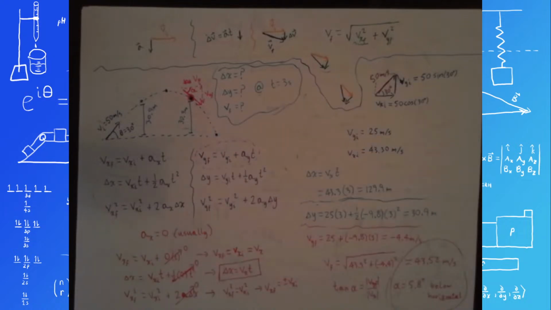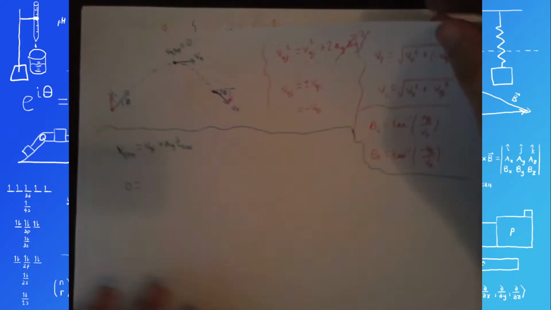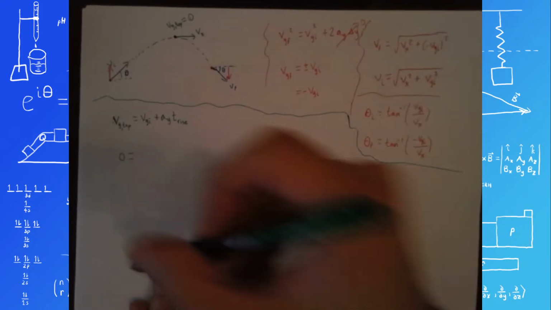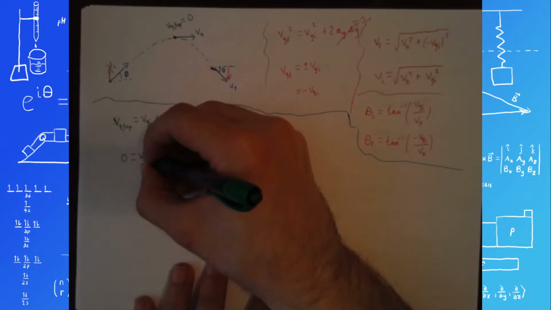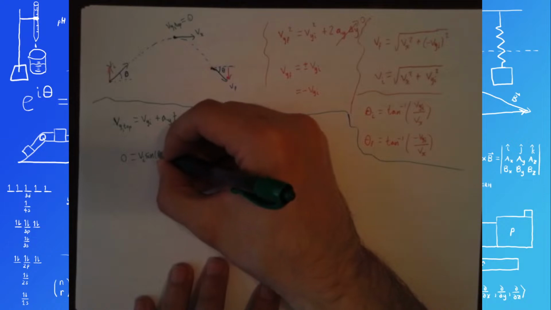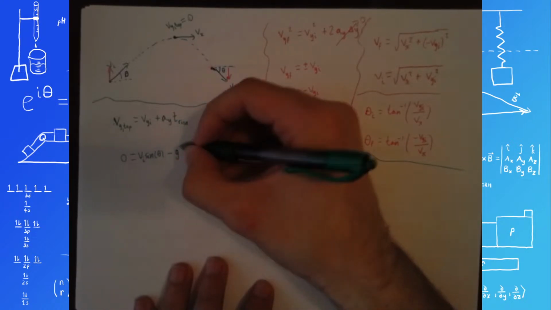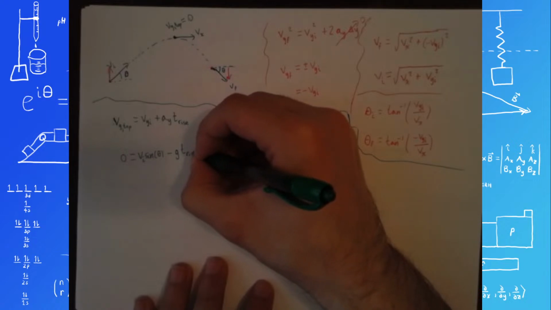Vy initial is just V initial times sine of the angle that it was launched at, so that's V initial sine theta, and then that's going to be minus g for the acceleration and then t rise.